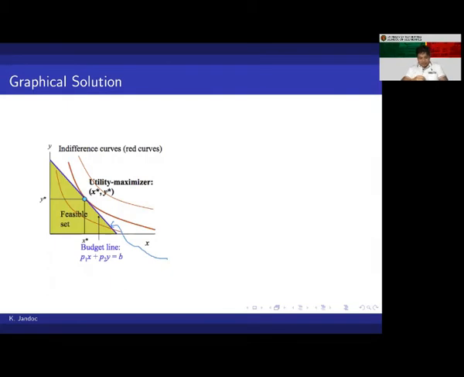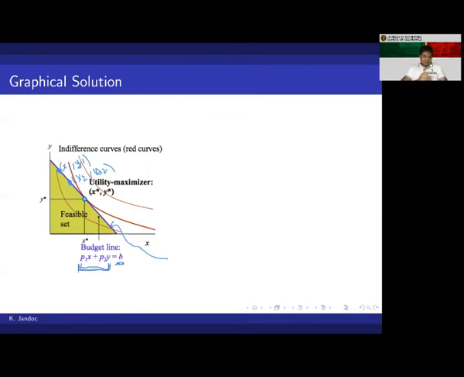Just a review, each point on the budget line, for example x1, y1 and x2, y2 on the xy plane, will give you an expenditure equal to b. So this is a level curve where combinations of x and y via this linear function will be just equal to b.